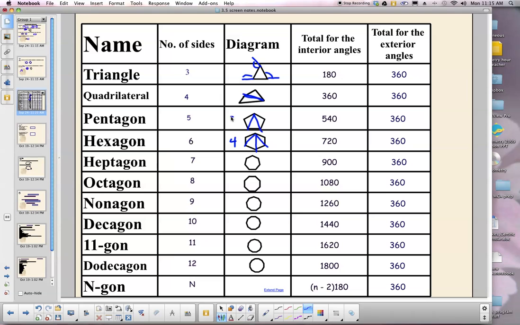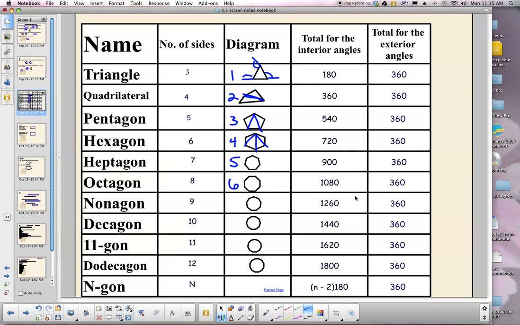For 5 sides, it makes 3 triangles. For 4 sides, it makes 2, and for 3 sides, it makes 1 triangle. There's a pattern here. If you use your inductive reasoning skills, you can see that it makes 2 less triangles than it does sides. So for a 7-sided figure, it would break up into 5 triangles at 180. Octagon, 8 sides, would be 6 triangles at 180, and so on.